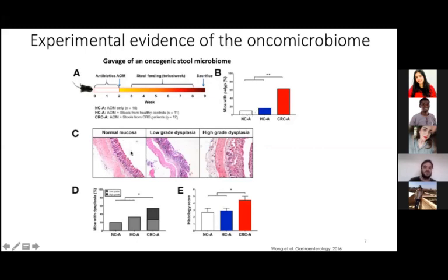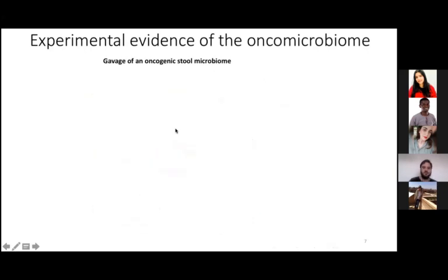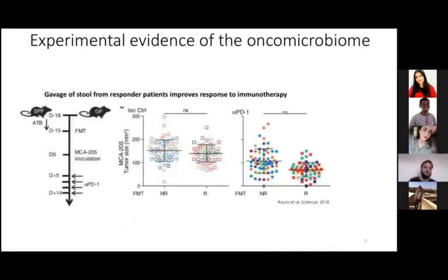They also noticed that these mice had a higher grade of dysplasia, as you can see here, compared to the other groups, as well as a higher histology score. So this shows that the phenotype of cancer, colorectal cancer in this case, could be transferred to mouse models.